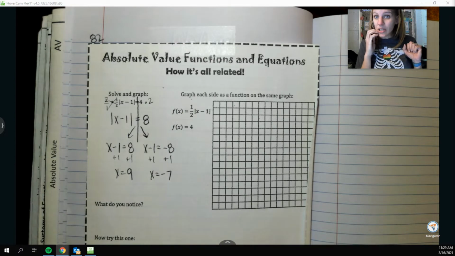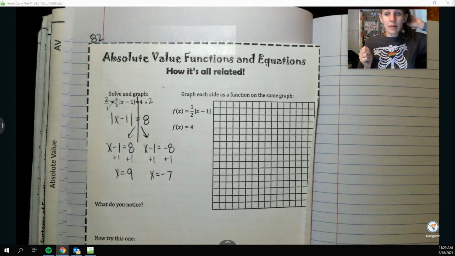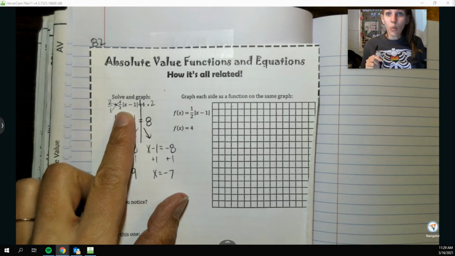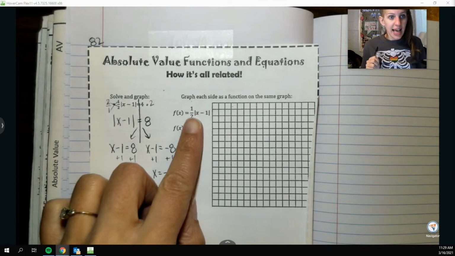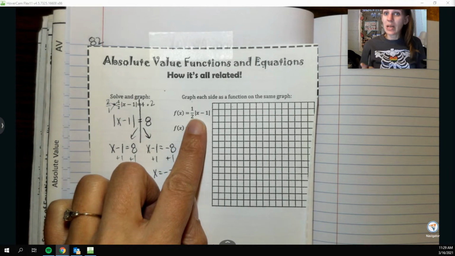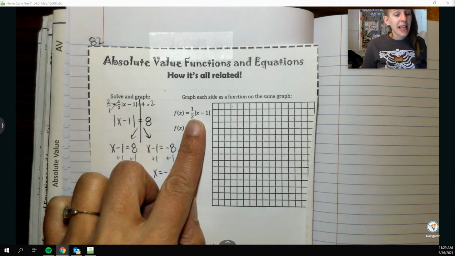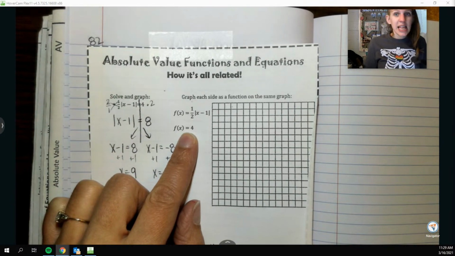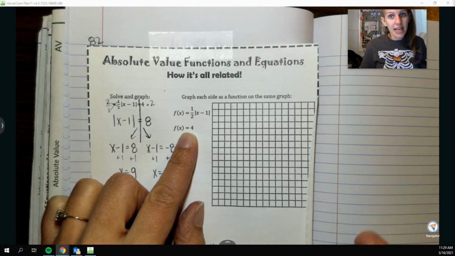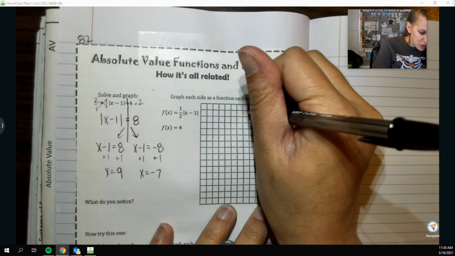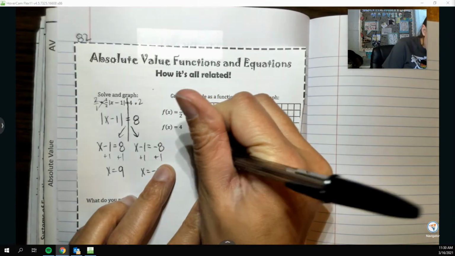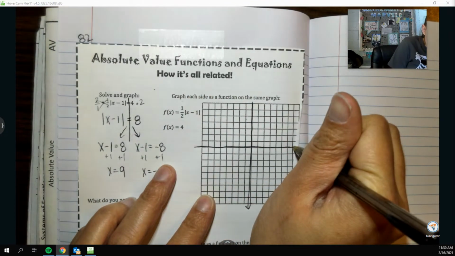Now, a super interesting thing that we can do is we can also think about this graphically. So if I take what I had originally and one side of the equal sign, so the half absolute value x minus 1 becomes one equation, and then the other side of the equal sign becomes my other equation, then I can graph each one, and like we were doing in our last chapter, find where they touch each other, and that's your solution.